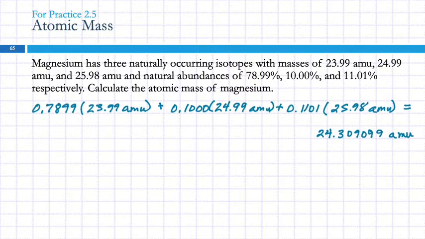How do we do sig figs on that? We're just going to do approximate sig figs on that. So our percentages had 4 significant figures. Our masses had 2 decimal places. So there's multiplying here, and then there's also adding, right?